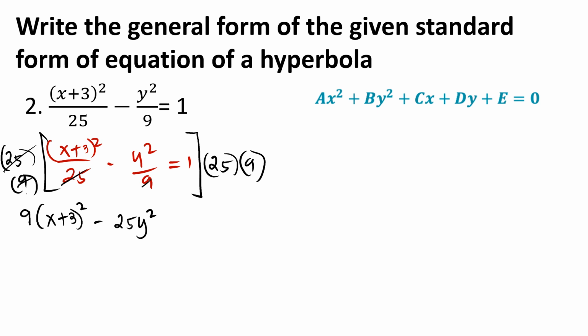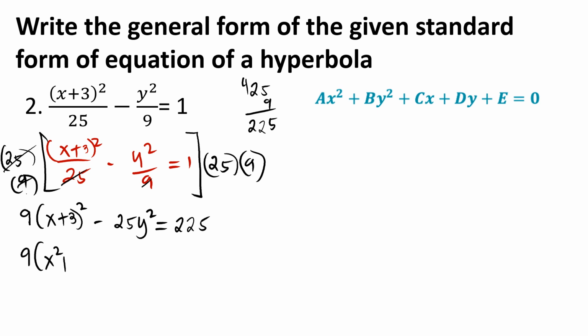So the y squared will be attached, and the 25 times 9 will be multiplied. So what is 25 times 9? So this is 45, and that will be 18 plus 4, we have 225.